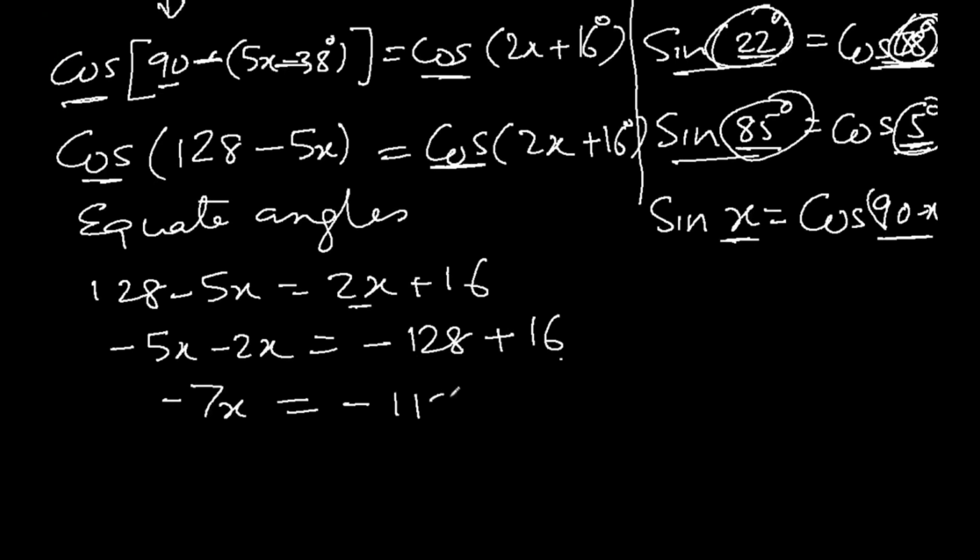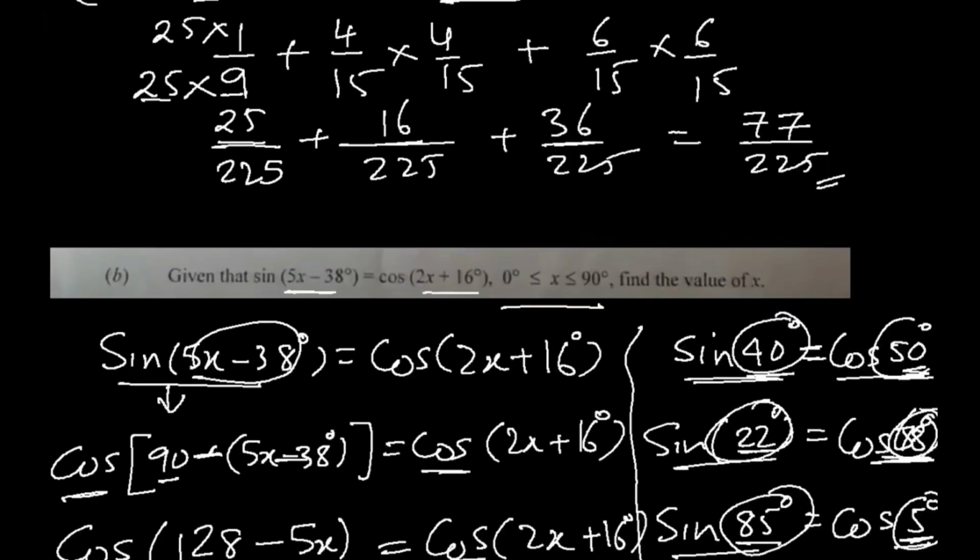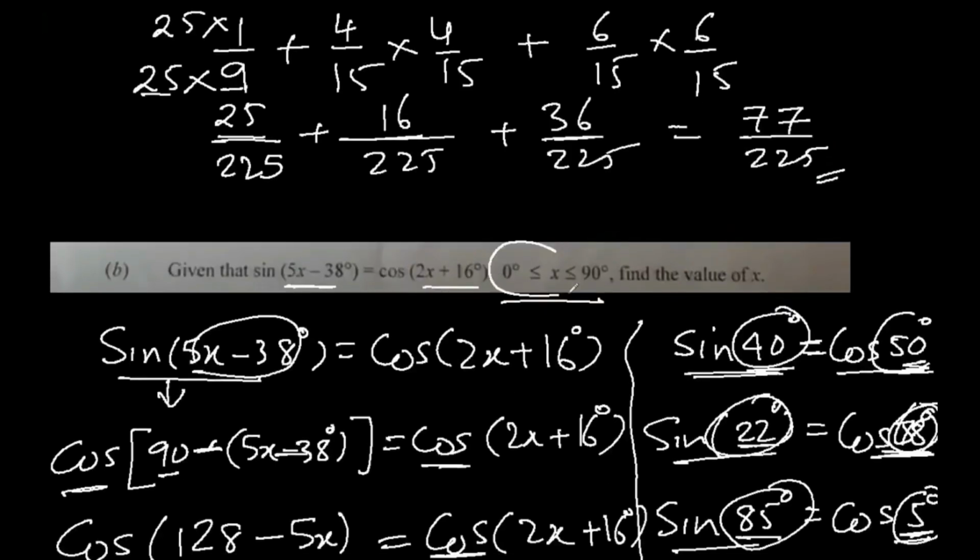Okay, so x equal to minus 112 over minus 7, and this cancels out and we get 16 degrees, and which is between 0 and 90. Exactly, yes. So that's the correct answer.